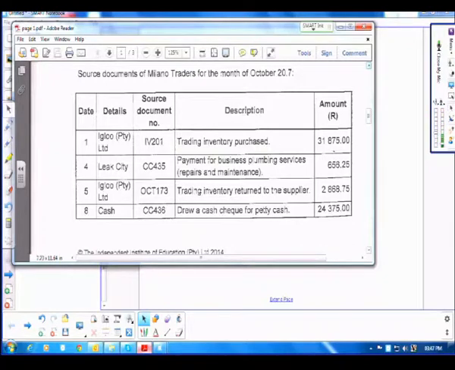If you get an invoice, it tells you you are owing something, which means you have bought on credit. Your invoice tells you there is credit involved. So when they say the source document is invoice, it means you bought this inventory on credit.